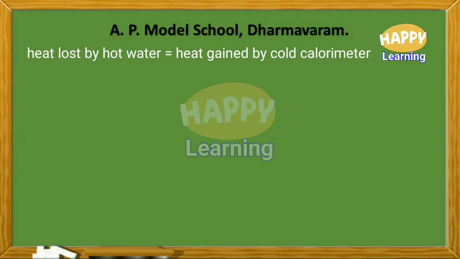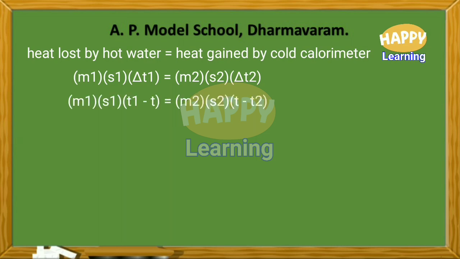Using the formula Ms delta T for heat lost by hot water, we can write M1 S1 delta T1, and similarly for heat gained by cold calorimeter M2 S2 into delta T2. Next, M1 is written as M1, S1 is written as it is S1.